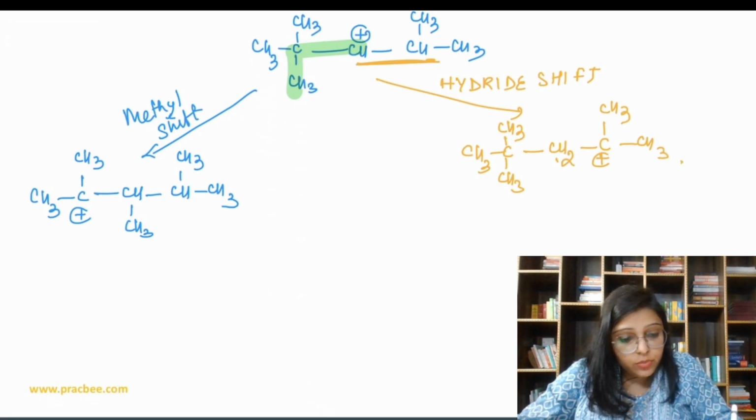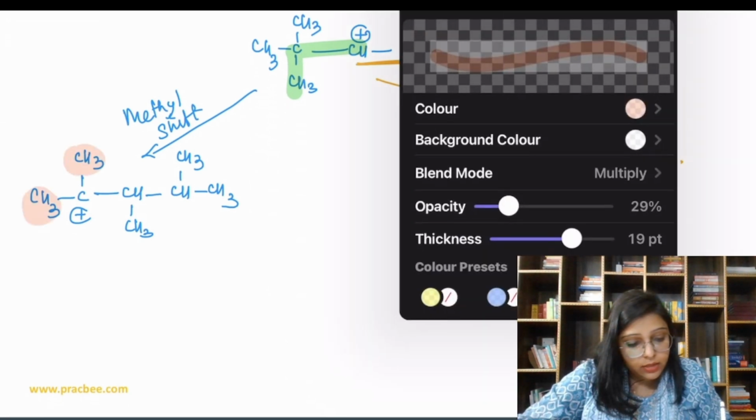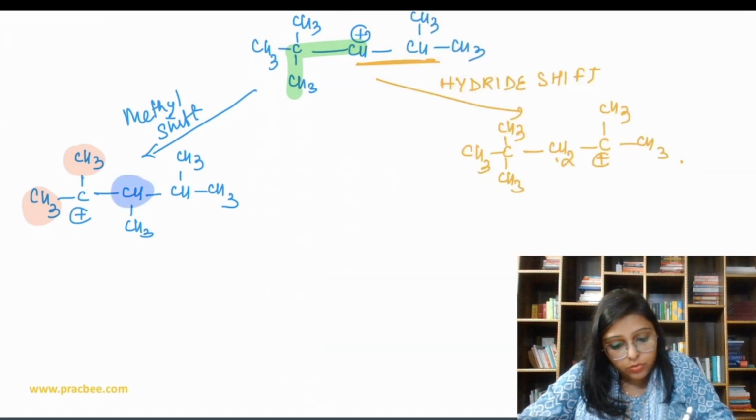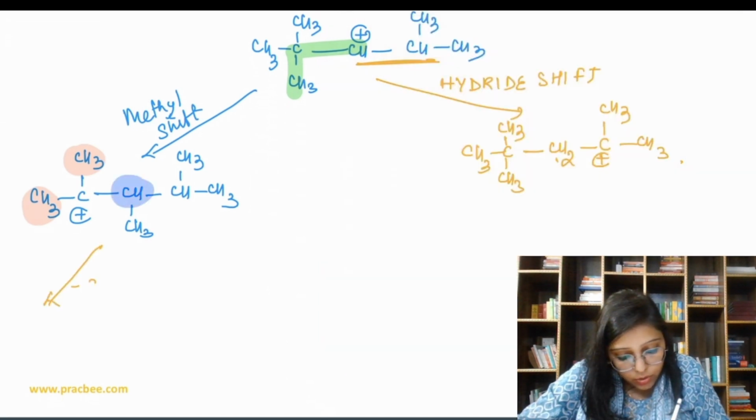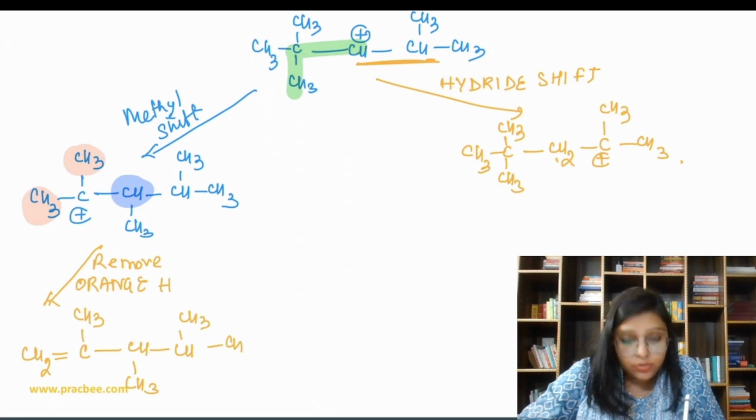So from the first one we get 2 products. One hydrogen is going to be this orange one, and another hydrogen is going to be the blue hydrogen. So if you remove the orange hydrogen, we get CH2 double bond C, CH3, CH, CH3 and then CH, CH3 and CH3.